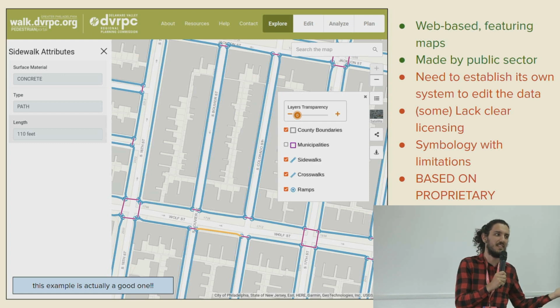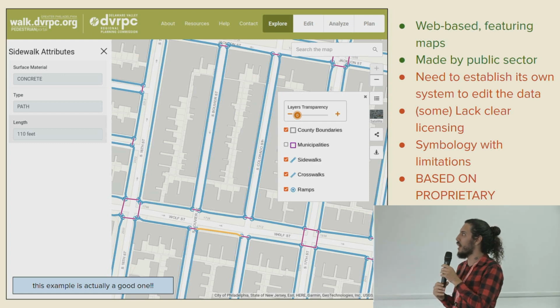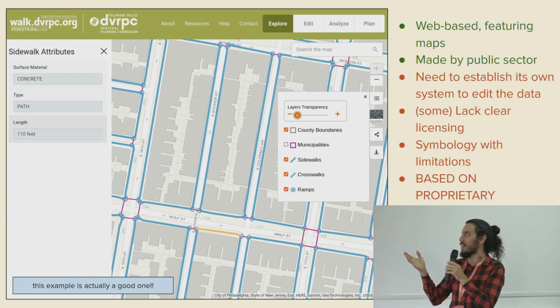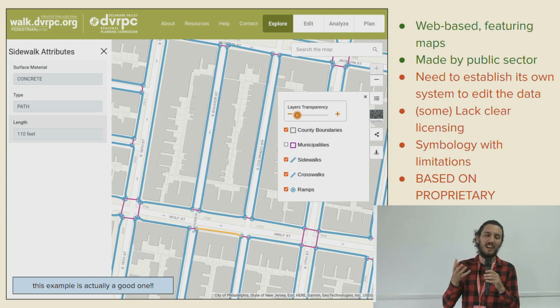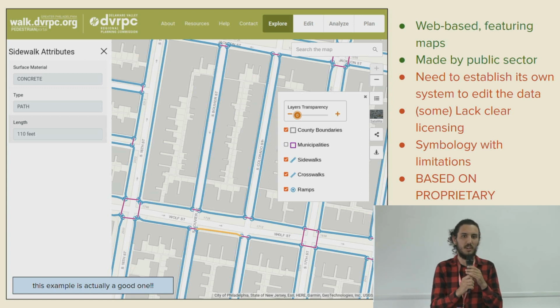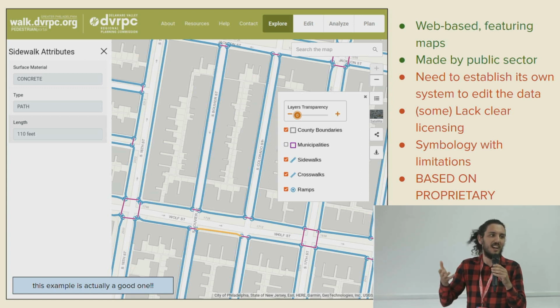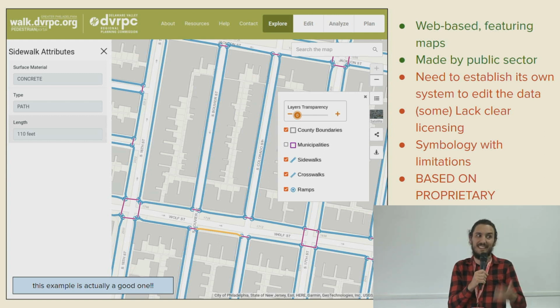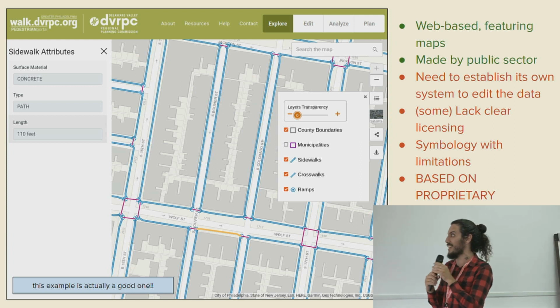They are not OpenStreetMap data. The majority of them lack a clear licensing term. So, can I use this data? We don't know. Generally, you need to send an email to someone who doesn't even know if he really can, and is afraid to ask his chief if it really can share this data.